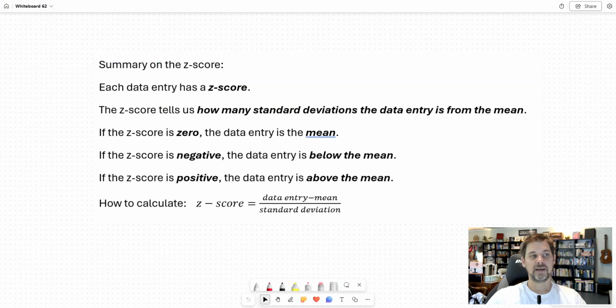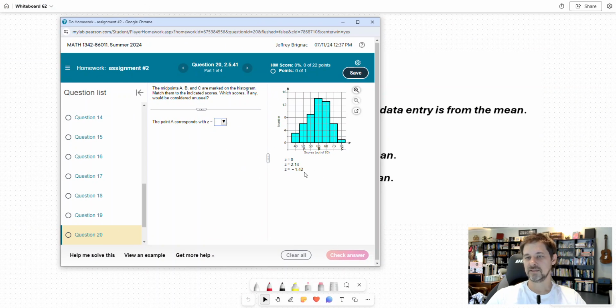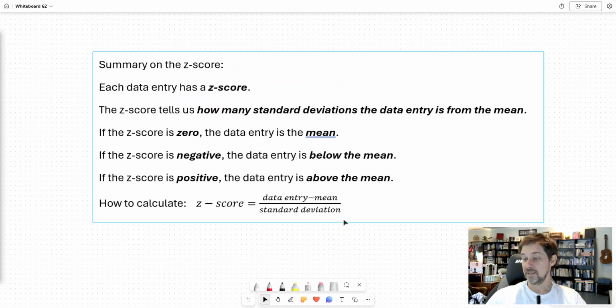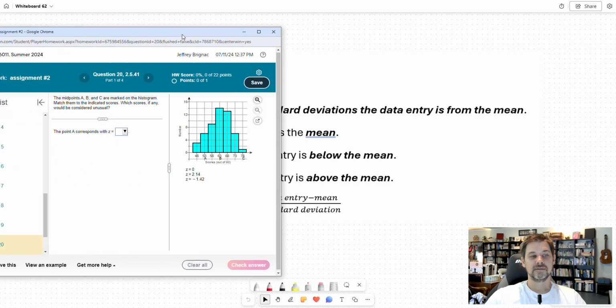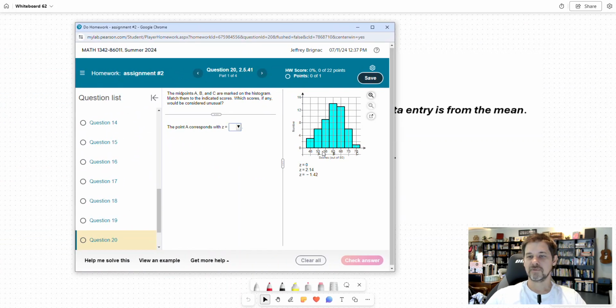So by almost a process of elimination, and the fact that I'm restricted to these choices, I can answer the question without calculating anything this time. Point A, which is below the mean, has to be the one with the negative z-score. That means it can't be 0 and it can't be 2.14. It's got to be negative 1.42.